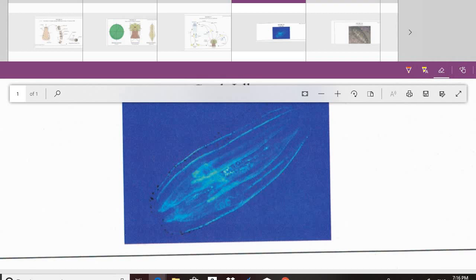Okay, the last group of organisms that we are going to talk about then are the worms. Maybe you don't think about having worms in the ocean, but as we'll see, there are a lot of different kinds of worms.